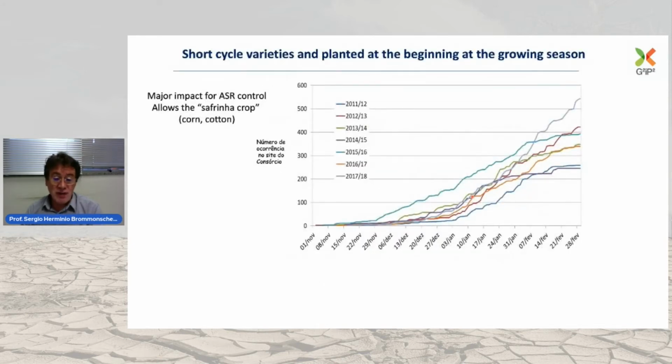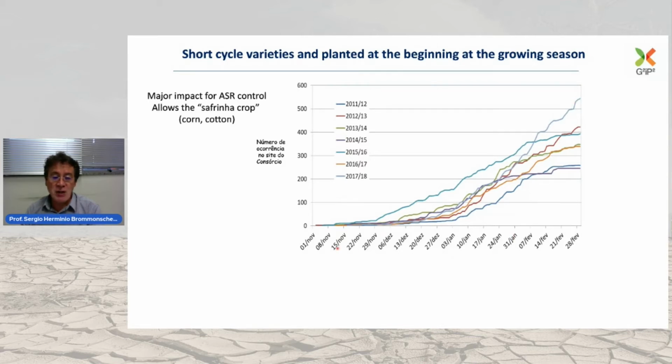So because of that, other control strategies are becoming more and more important. One very important strategy, as I said before, is to use short cycle varieties. You can see here the disease development in different growing seasons. The disease starts to be important in December, and the peak is in February.